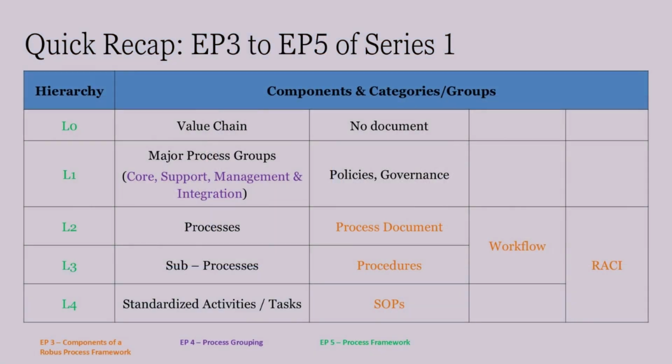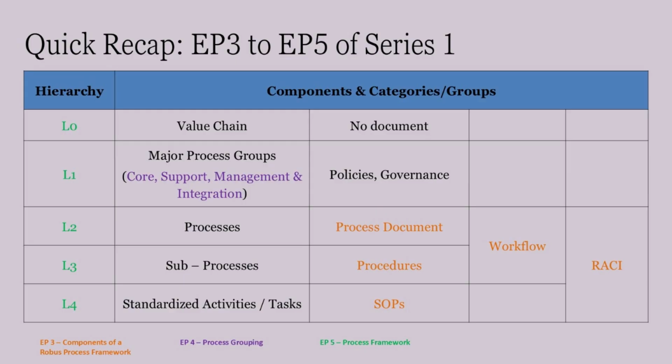We have covered components of a robust process framework in our episode 3. Those are process, procedure, SOPs, workflow and RACI. And process grouping in episode 4. Those are core, support and management process groups.